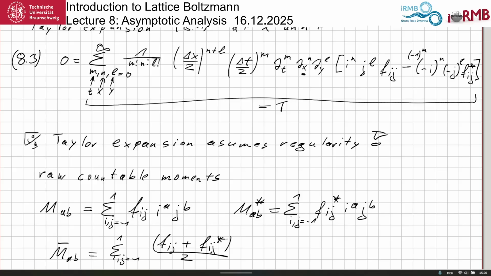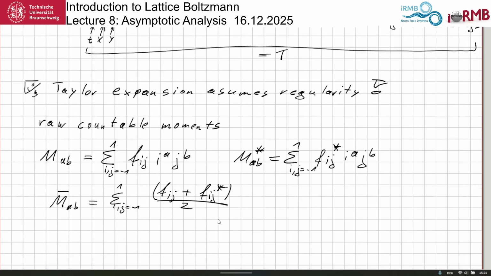When we take this average of the two, we also have to define something else, because we cannot turn two variables into one variable. When we have the sum of them, we also need the difference of them. The difference we call omega_AB.